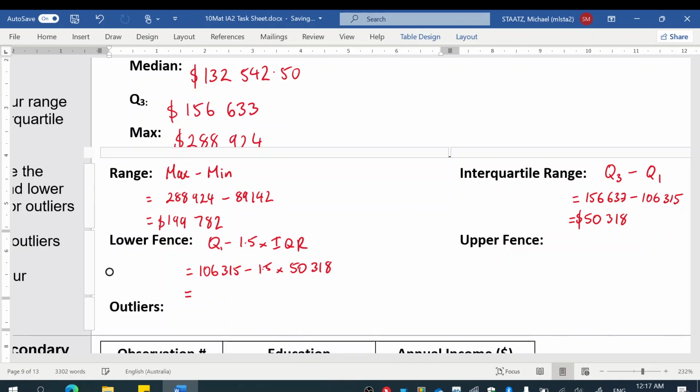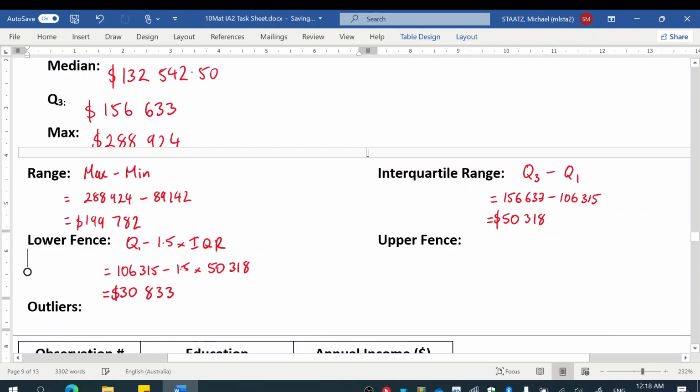I'm going to put that into my calculator. 106,315 minus 1.5 times 50,318, and that equals 30,833.